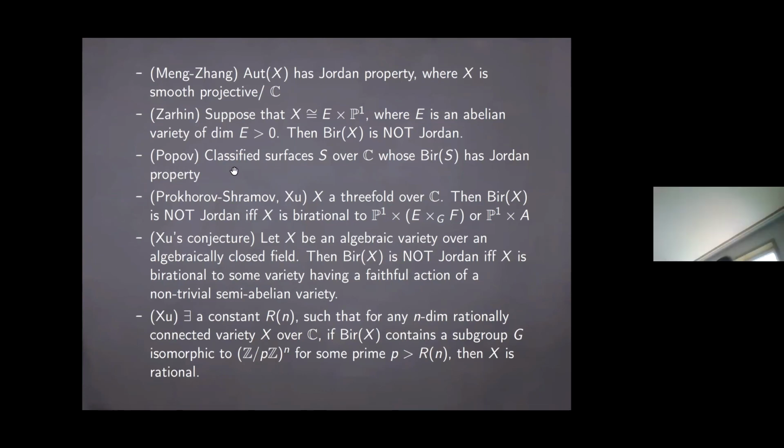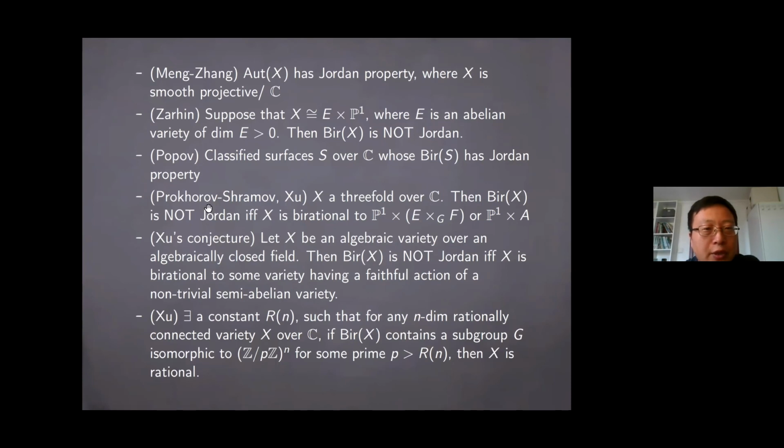Popov actually classified surfaces over C whose birational automorphism group has the Jordan property. Except Zarhin's example, in the other cases of surfaces the birational automorphism group all has the Jordan property.